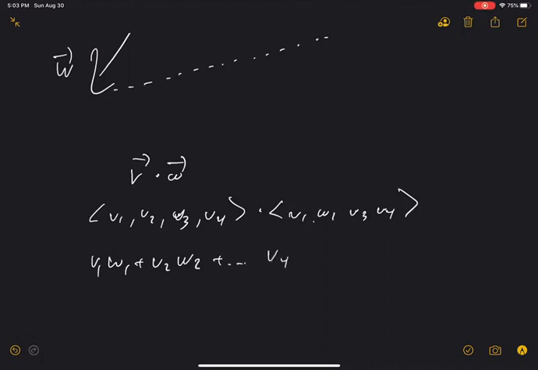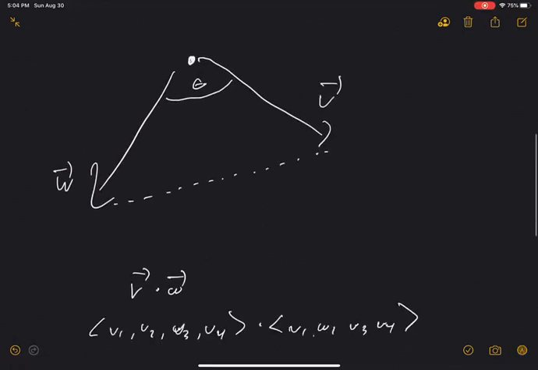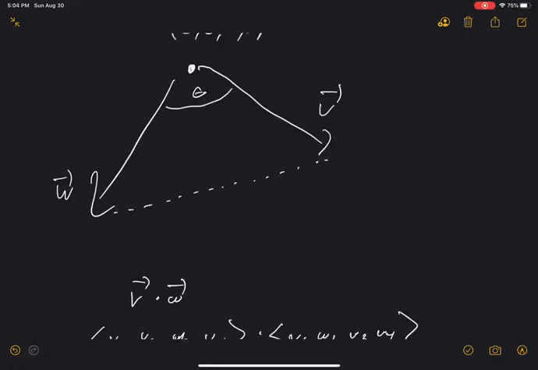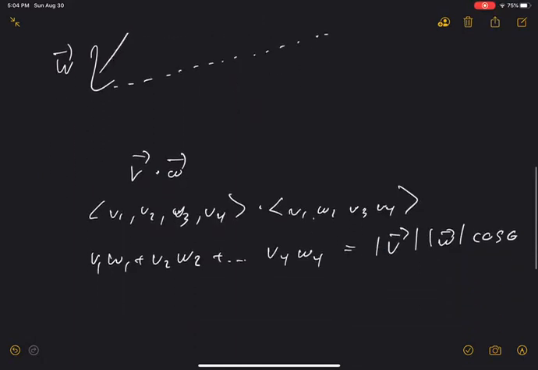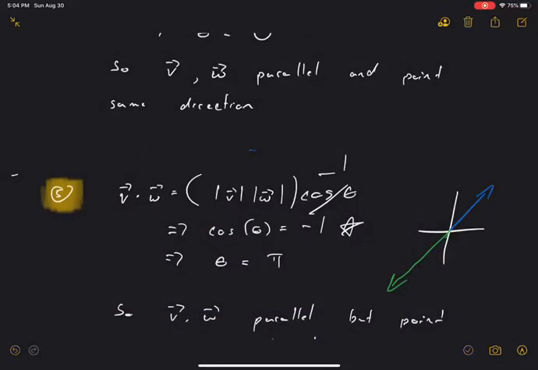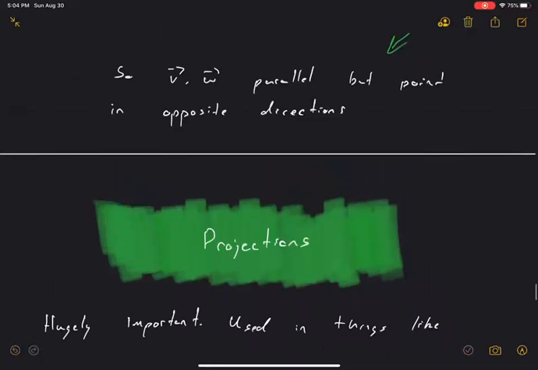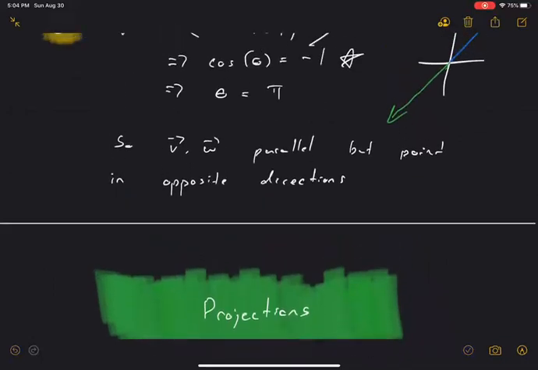Skipping some steps, it still has the same relation. On the right side, it's still the magnitude of V, magnitude of W, cosine of the angle between them. And that angle is still the same concept of an angle between two lines we had in R2. So it scales up to higher dimensions easily. That's why it continues to work in higher dimensions.